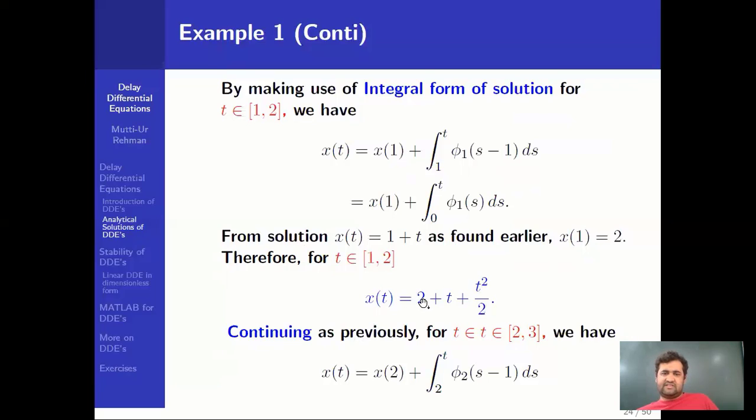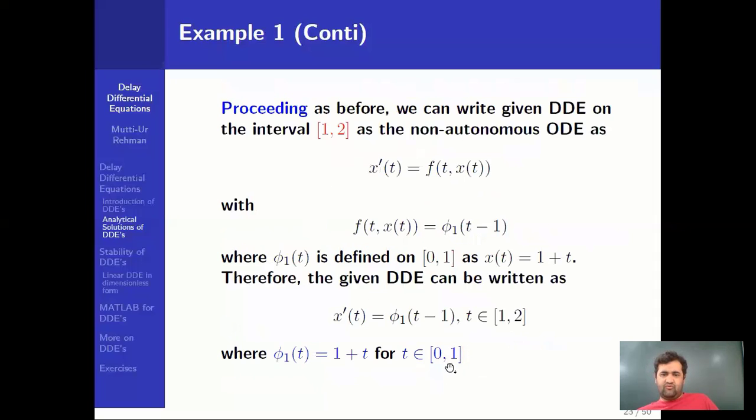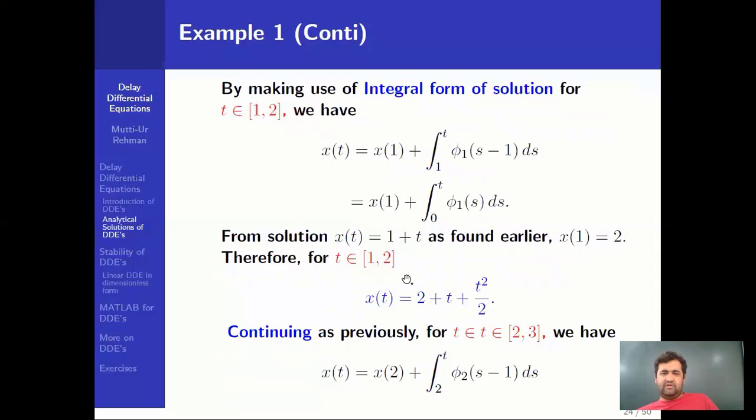Of course, this factor will appear from this condition, because you know that at time t, x of t is equal to 1 plus t. Okay, so if I take time t equal to 1, then I will get this guy to be 2.